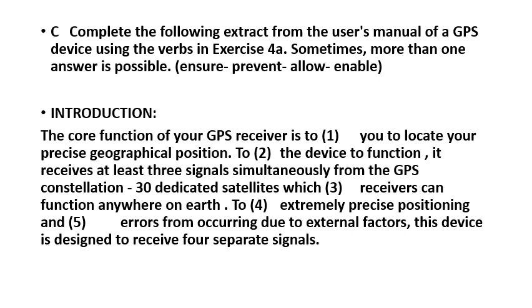And to do what again? To enable or allow extremely precise positioning and prevent, and only one word here, prevent errors from occurring due to external factors. This device is designed to receive 4 separate signals.